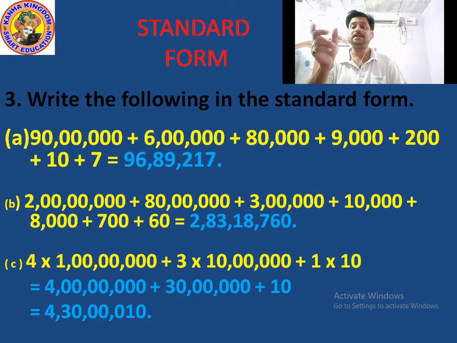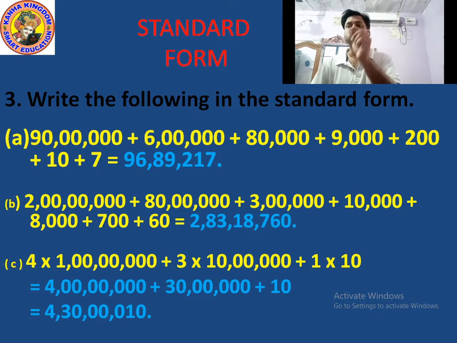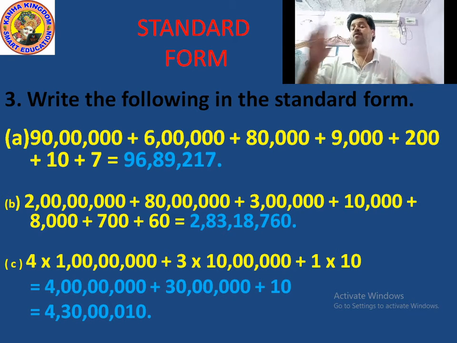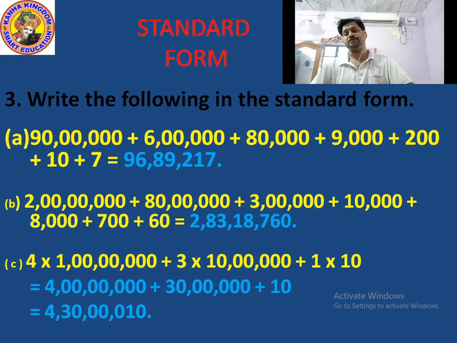So the correct answer of this part is 96 comma 89 comma 217. So you all understand how to solve such types of questions in a very quick manner? Very good. Now I will explain another part.